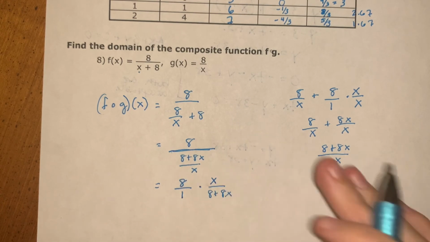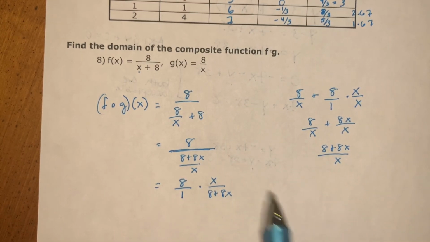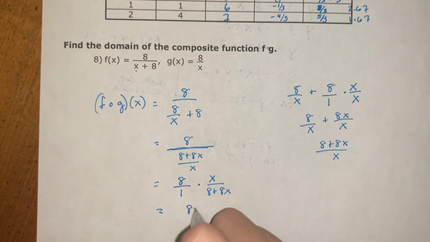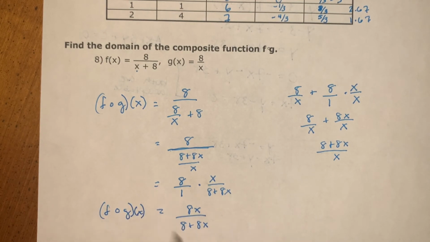This is all just mechanics for how to make this look nicer, okay? So we have 8x over 8 plus 8x. So this is our f of g function here. So I'm going to call that f of g of x. All right, now we have our function for the composite.